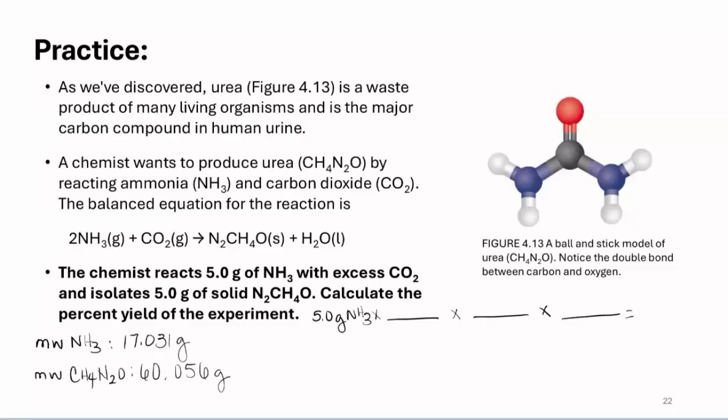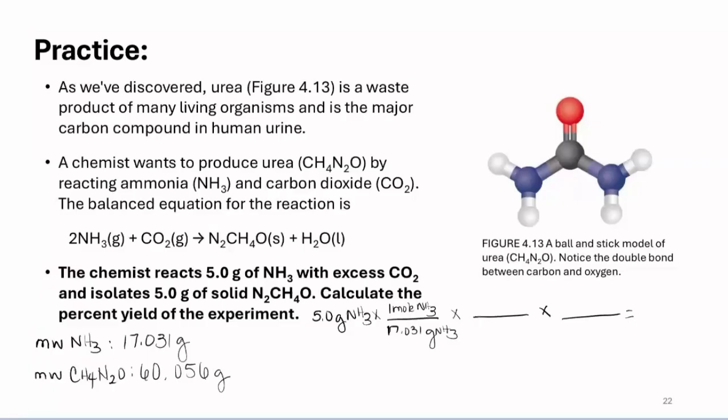When we do this, we have to first divide the 5.0 by the molar mass of ammonia, which has already been pre-calculated. This is going to be 17.031 grams of NH3 in 1 mole of NH3.